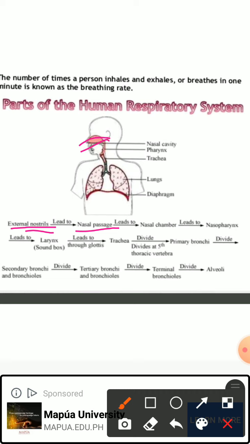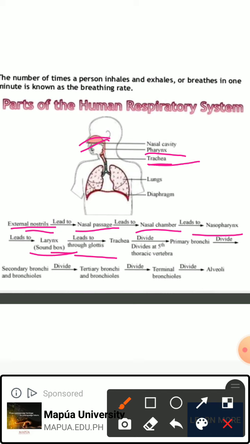Then it leads to the nasal chamber, then the nasopharynx, then the pharynx. After that, the larynx is present, which produces sound, and the larynx leads to the trachea.